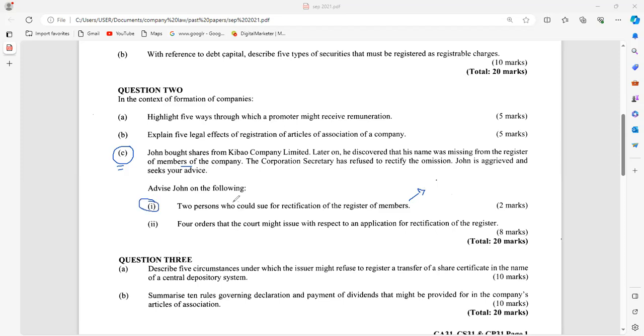Which 2 people can be members? We talked about ways to become a member, who can become a member. So who can become a member? Because anybody who can become a member can sue if their name isn't in the list of members. So who are these people? Come on. Just you. So, what do you think?